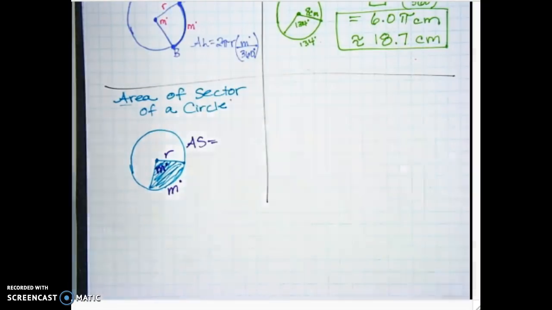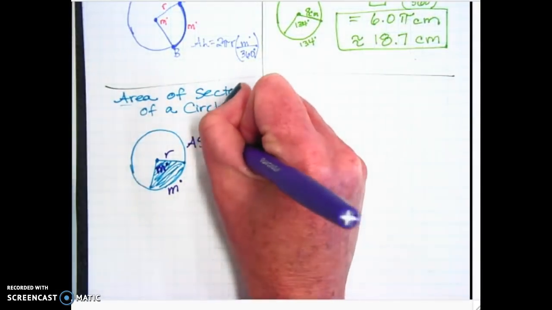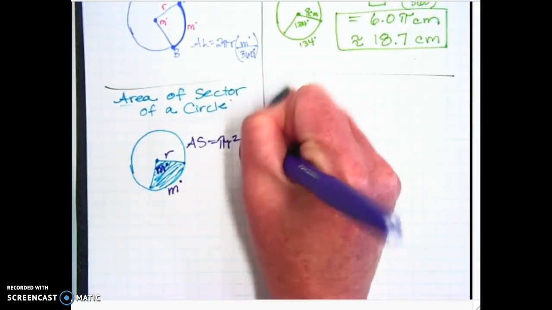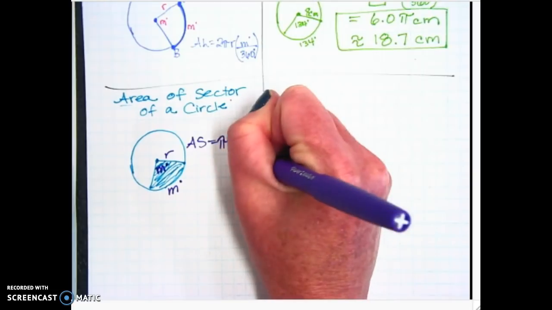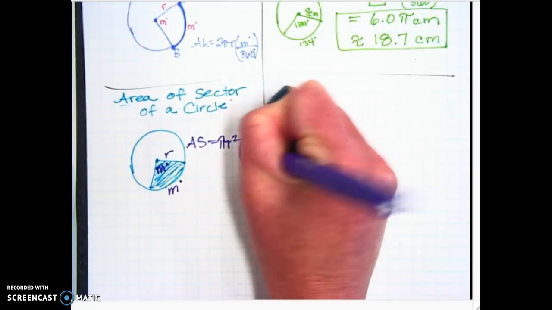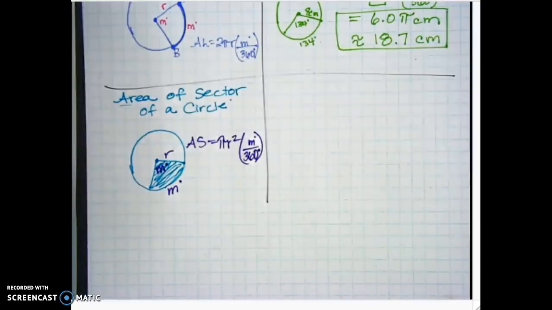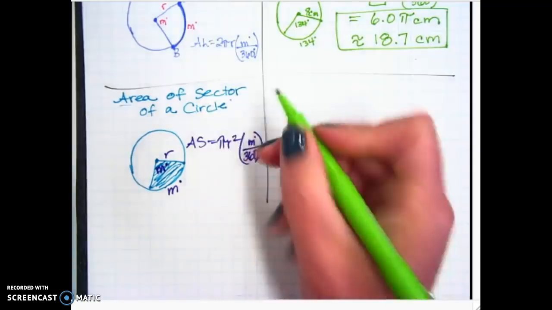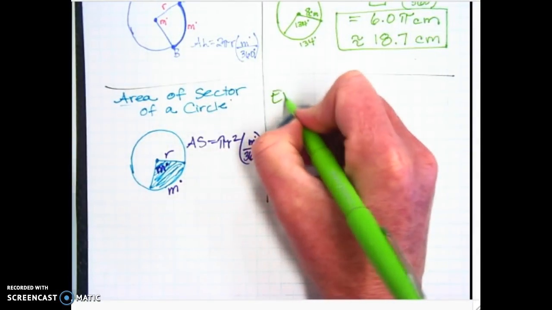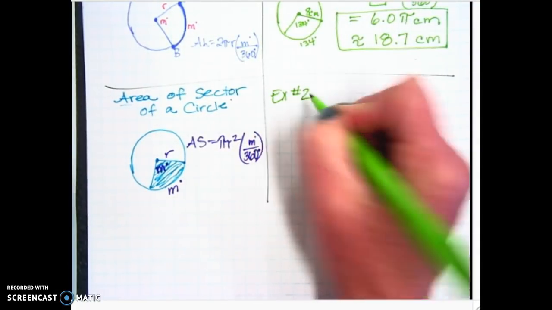We start with the area of a circle formula. What's the area formula for a circle? Pi r squared. And then we multiply it times the measure of the angle out of the total degrees in a circle, which is 360. Then we're just going to do an example in the box right next to it.